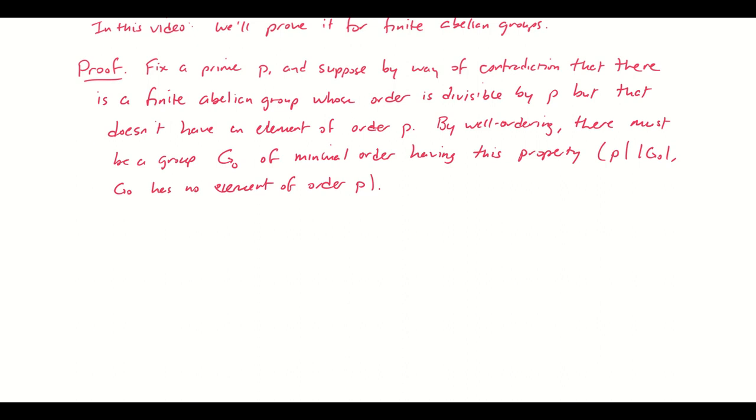So the first thing I'm going to show is that G naught, not only does it fail to have an element of order p, it doesn't even have any element whose order is divisible by p.